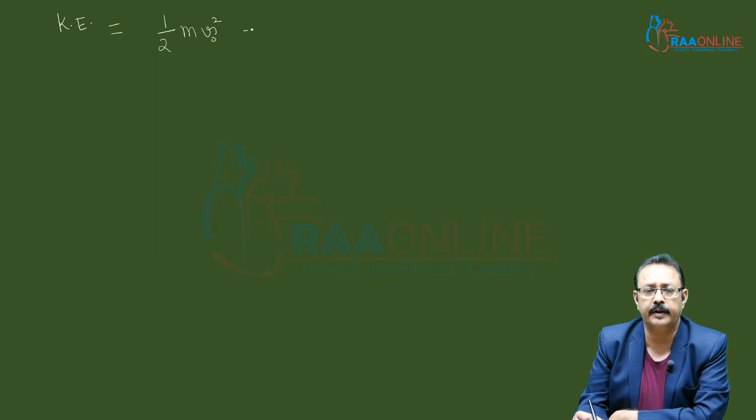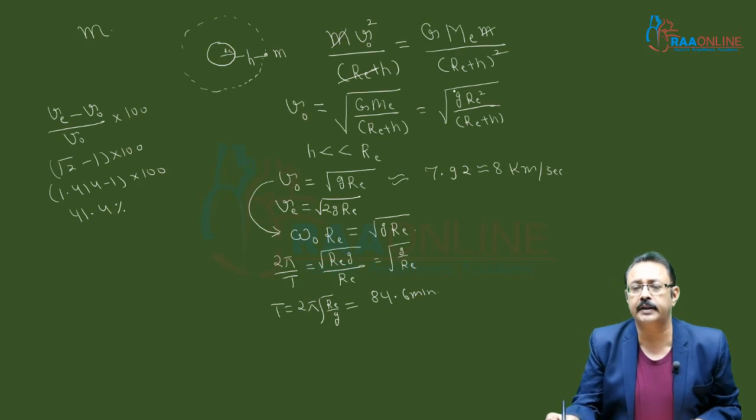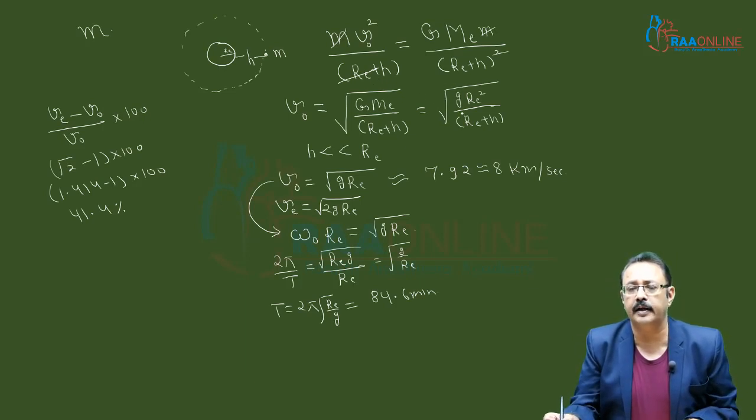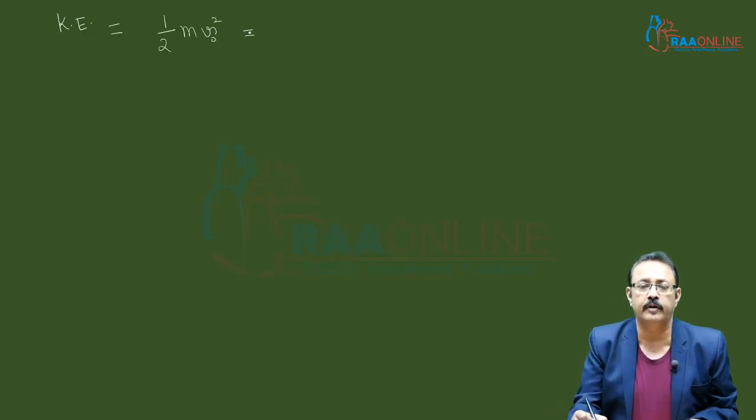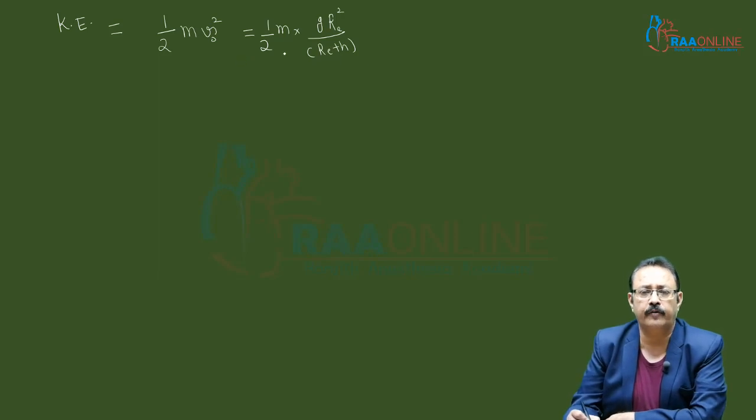It is the orbital speed, and we know the formula for orbital speed, root of g RE square upon RE plus h. So it will become half m g RE square upon RE plus h.